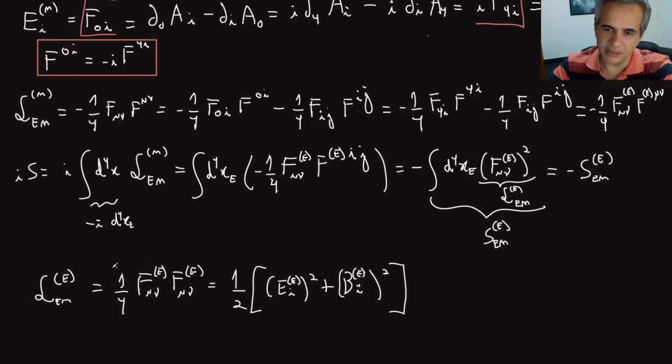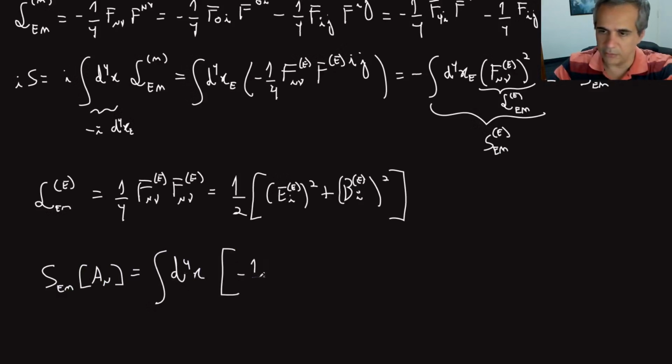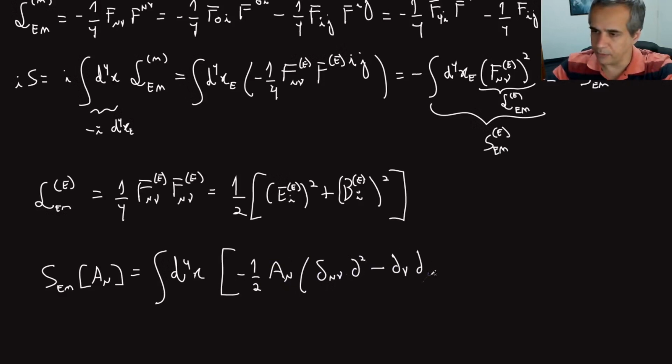I'll stop writing this Euclidean index from now on, so it's implied that everything is Euclidean, and I can do an integration by parts at this step, right here, to rewrite the action, right? So as d4x of minus A mu, delta mu del square minus del mu del nu, acting on A nu, right?